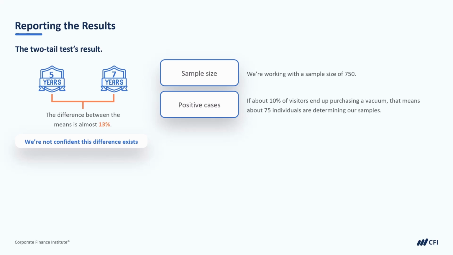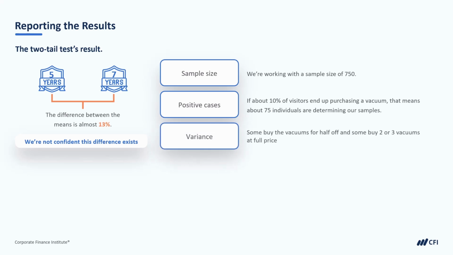Not only that, but within those 75 or so individuals, there's a lot of variance, with some buying the vacuums for half off and some buying 2 or 3 vacuums at full price. Recall, our average standard deviation is $174. The combination of a low rate of positive cases with this high variance can impact the results of our test.